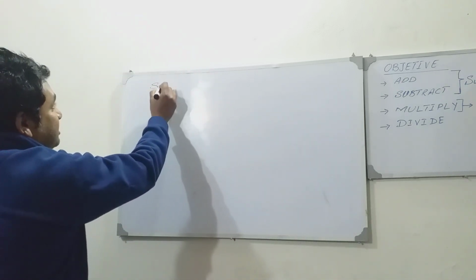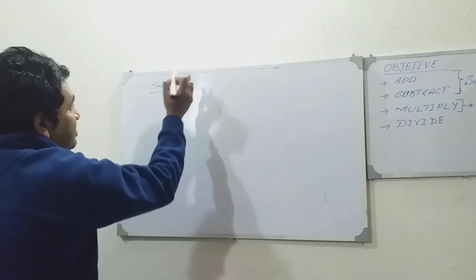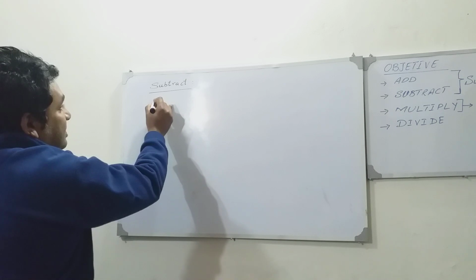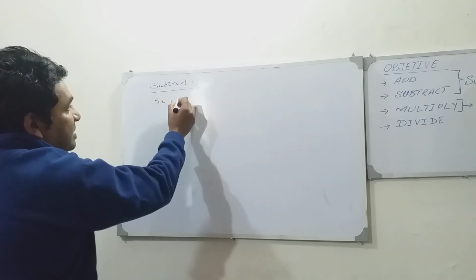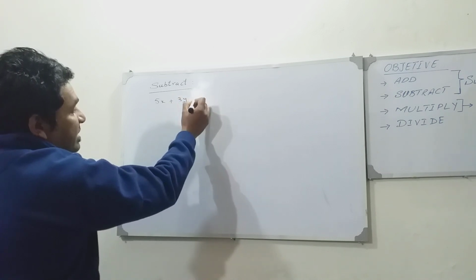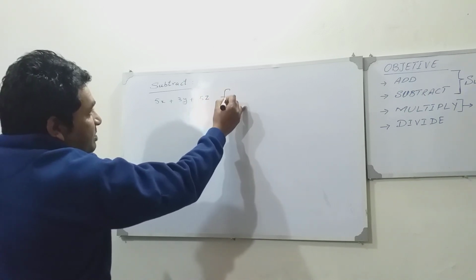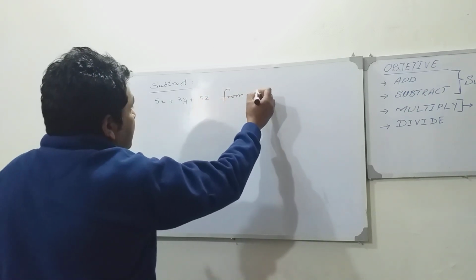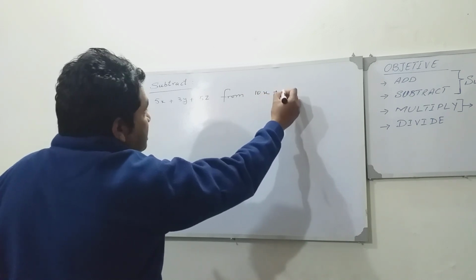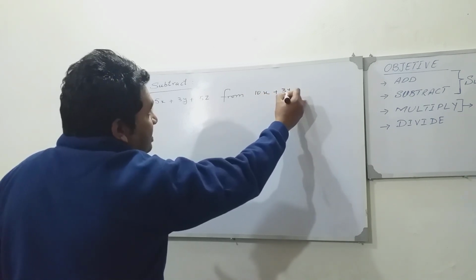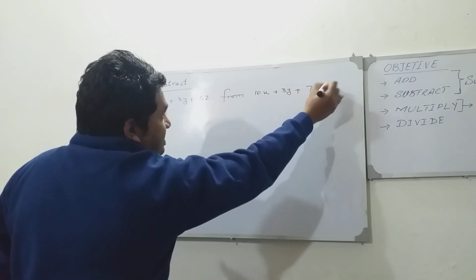Subtract 5x plus 3y plus 5z from 10x plus 3y plus 7z.